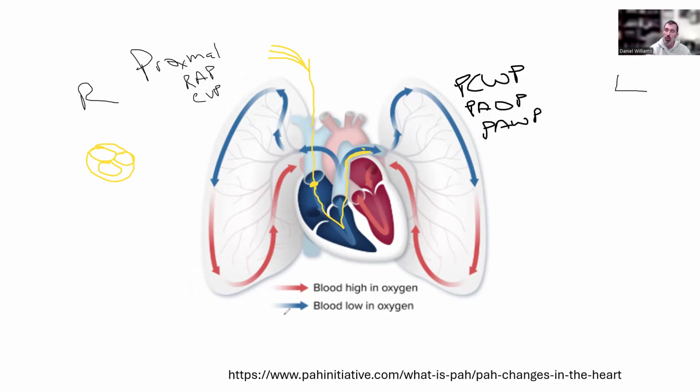So you have perfusion without ventilation, which is shunt. And when you have shunt, you essentially have deoxygenated blood mixing with oxygenated blood, which lowers the oxygen amount of that blood that's ready to be sent back out into systemic circulation.